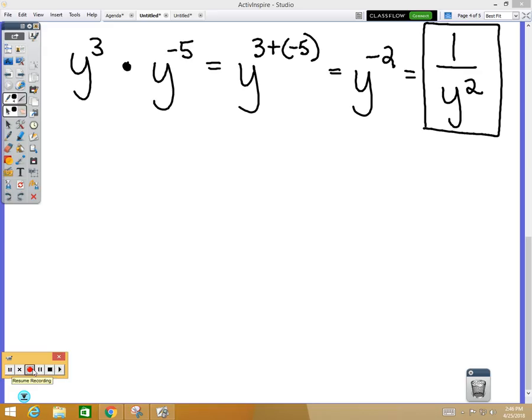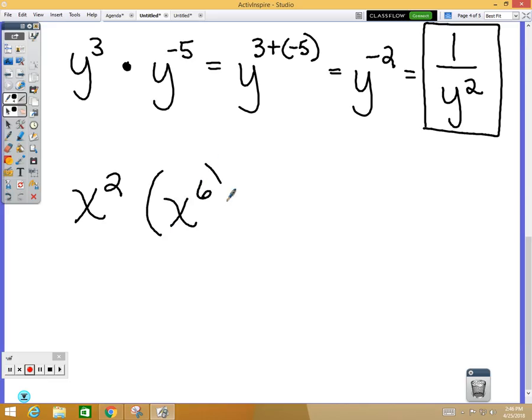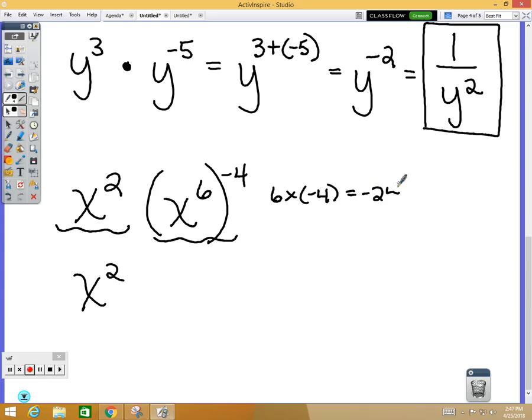This one is kind of similar. Why don't you try this one on your own then? So x to the second power times x to the sixth power to the negative fourth power. So let me work that out up here. This right here, we're just going to wait until our second step to do anything with that x squared. Over here, I'm going to go ahead and do my 6 times negative 4, which equals a negative 24.